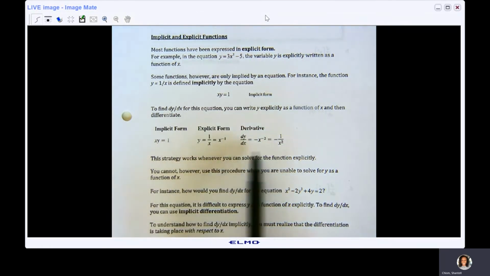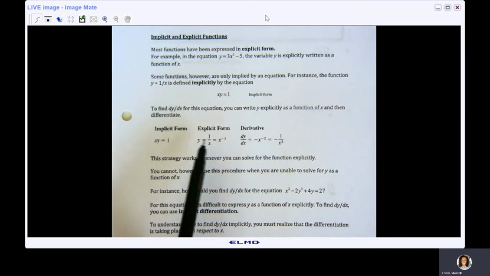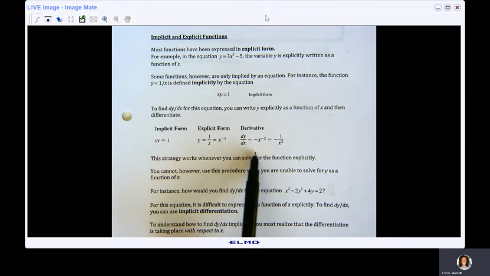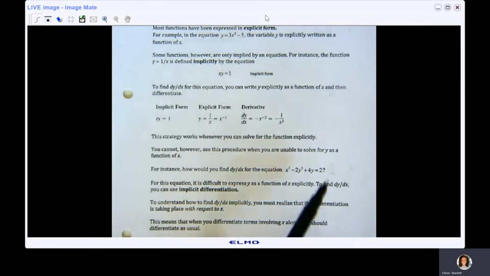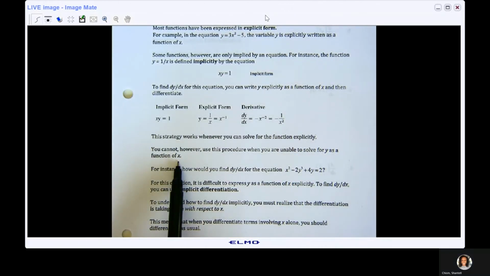The strategies and techniques that we've been looking at to this point would all work for all functions that are explicit in format. However, it won't work if you're unable to solve for y, if you have an equation that you cannot solve for y. In other words, you can't write that equation in its explicit form where y is a function of x.